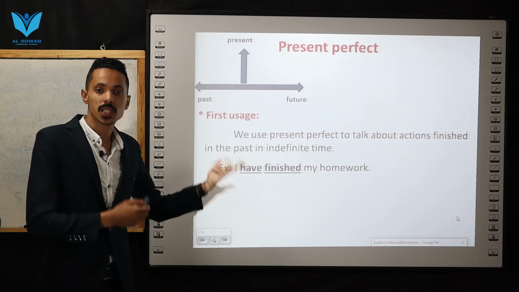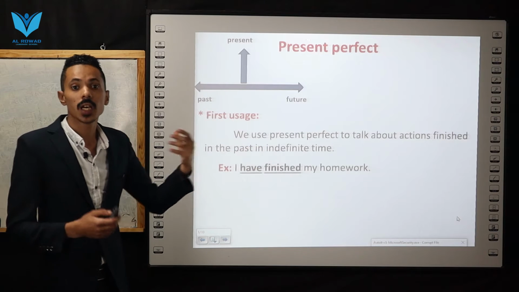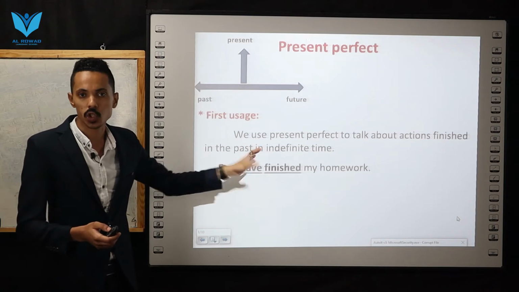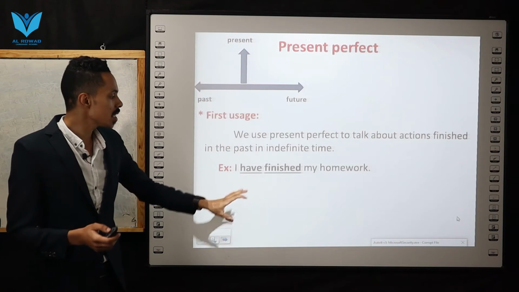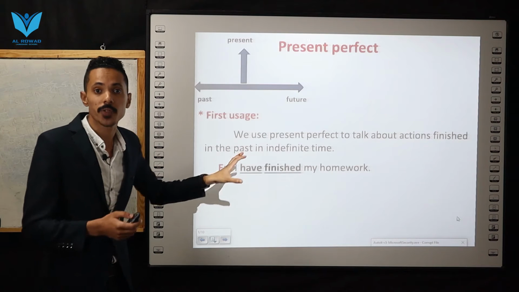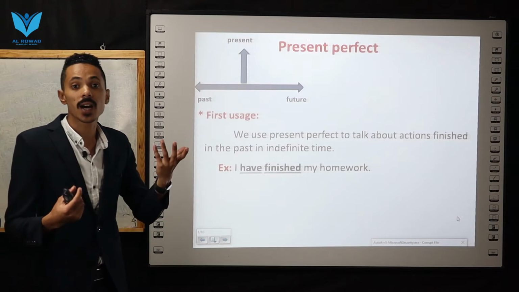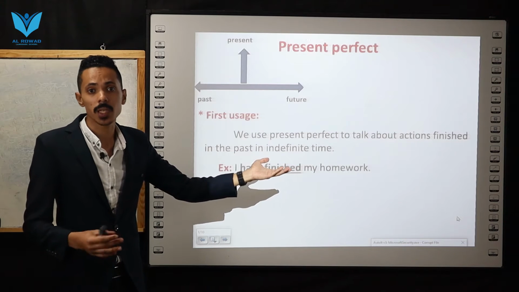So now let's read this sentence. I have finished my homework. Here, what is the verb here? Yes, it's have finished. Have plus past participle verb, so it's a present perfect. Here, I use the present perfect to talk about an action that finished in the past, but the time is unknown. So, can you see any time here?